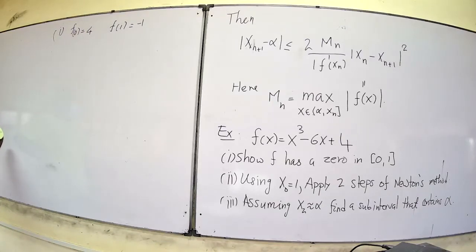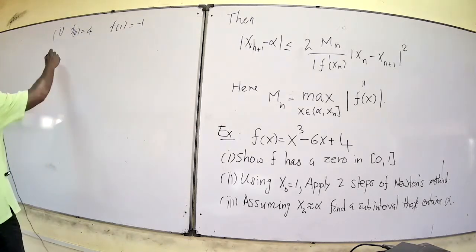They don't ask you about a unique zero, so you don't need to worry about that. If you show this, that is enough to show that this has a zero. Then you have to find f prime.